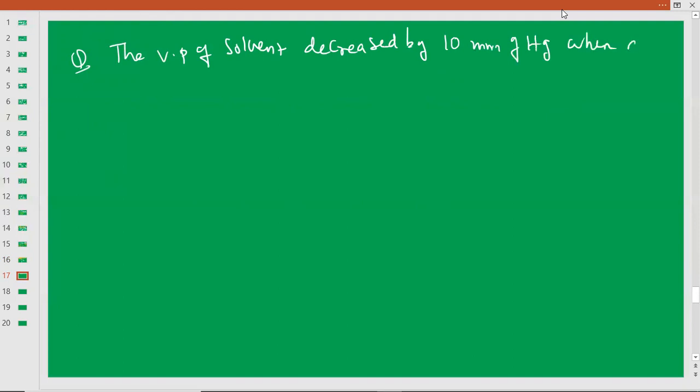The vapor pressure of solvent decreased by 10 millimeter of Hg when a non-volatile solute was added to the solvent.